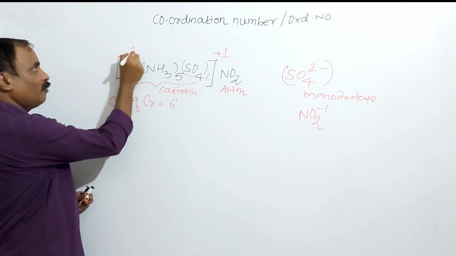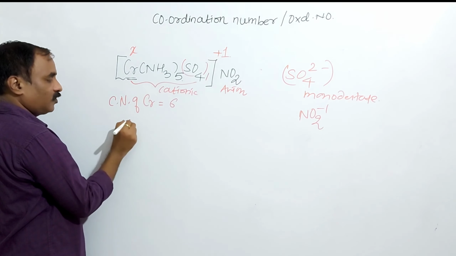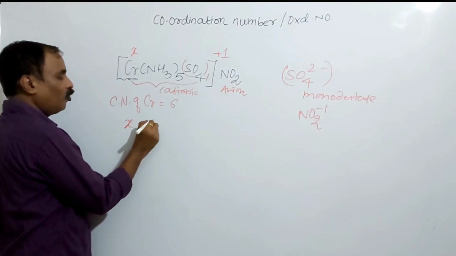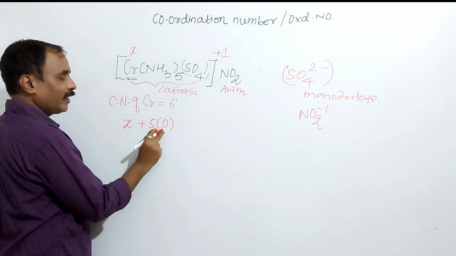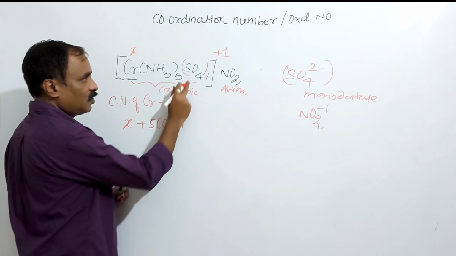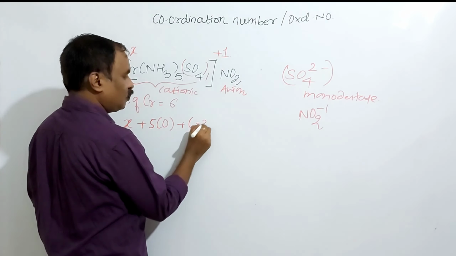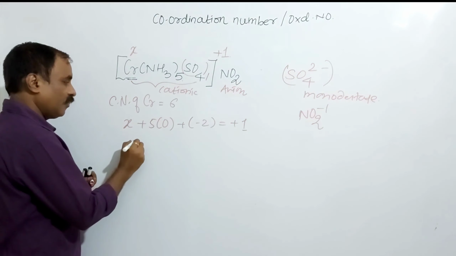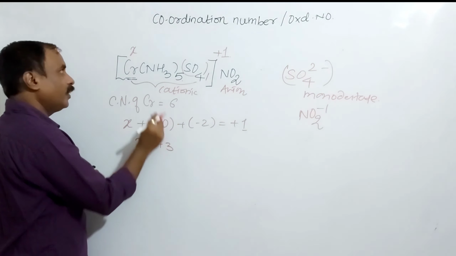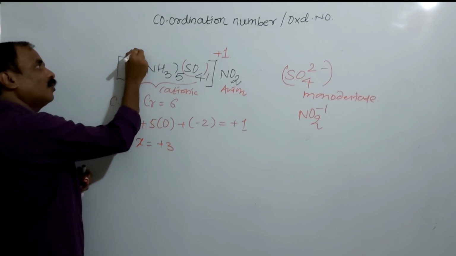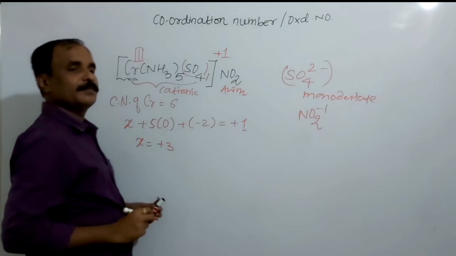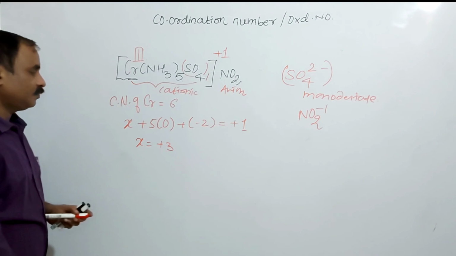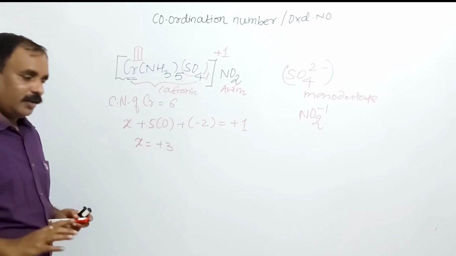Consider the oxidation number of chromium is X. Suppose we don't know X, chromium X plus 5 ammonia. 5 ammonia is a neutral ligand, so it carries 0 charge. Sulfate carries -2, so it is -2 equal to what? +1. Total charge +1. Therefore, X equals +3. And the oxidation number of chromium is +3. Coordination number is 6 and oxidation number is 3.